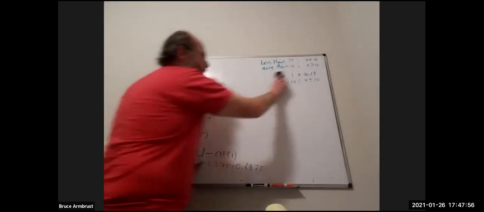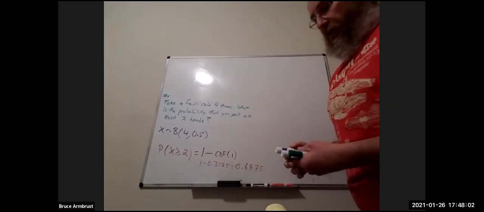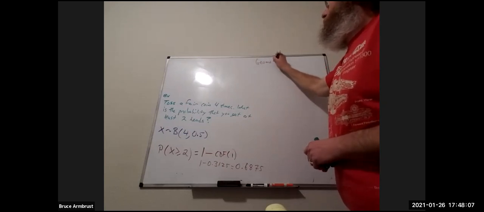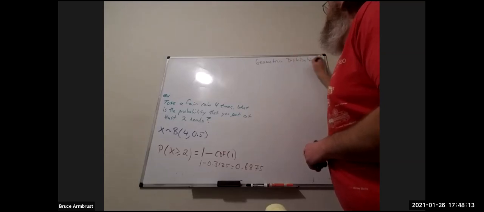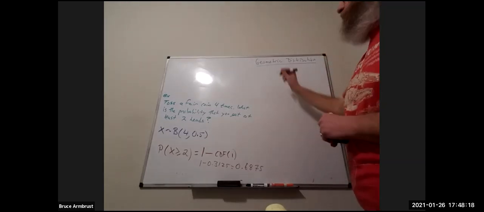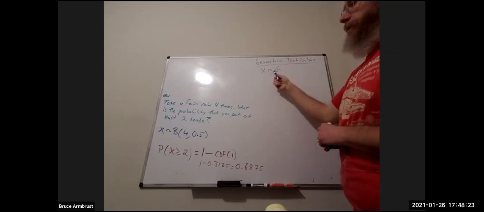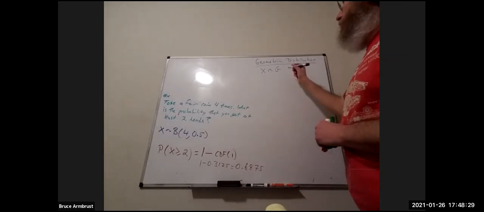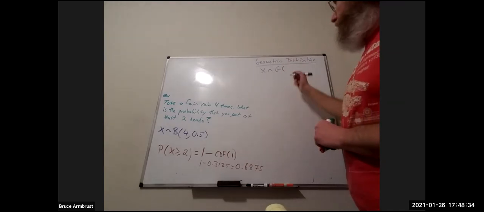All right, so the next one I want to show you is what's called a geometric distribution function. First of all, in terms of the notation for this, we're going to have X with the tilde, but this time we're going to have a capital G for geometric. But for geometric, you only need to know one thing, and it's a probability.